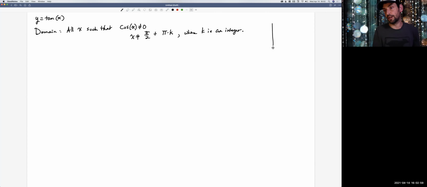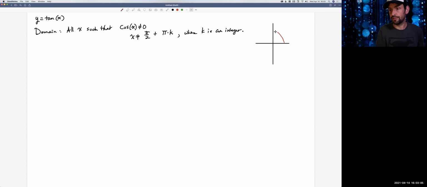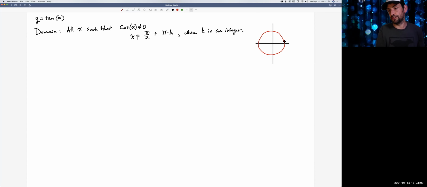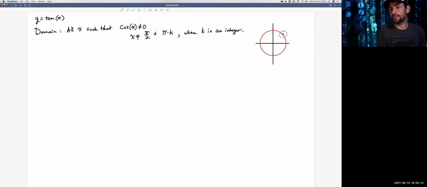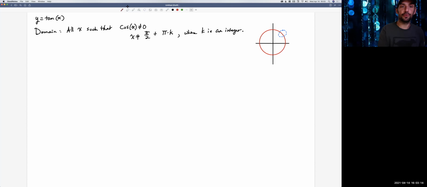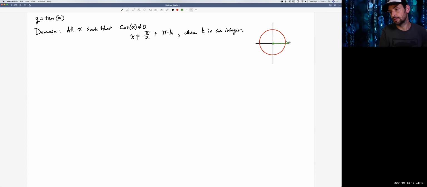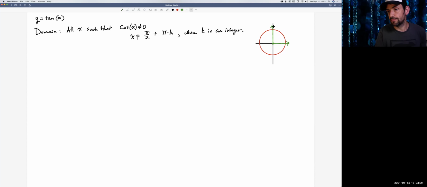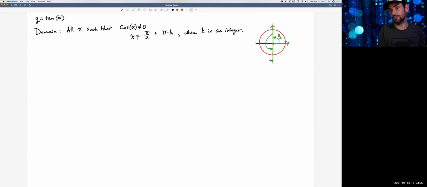Right, so if you think about our unit circle again, where is cosine 0? Cosine is 0 whenever the x coordinate on this unit circle is 0 at those angles. The first time it happens that we usually think about is when we have an angle pointing straight up, right? An angle of pi over 2. If I add pi to this, I get an angle pointing straight down.